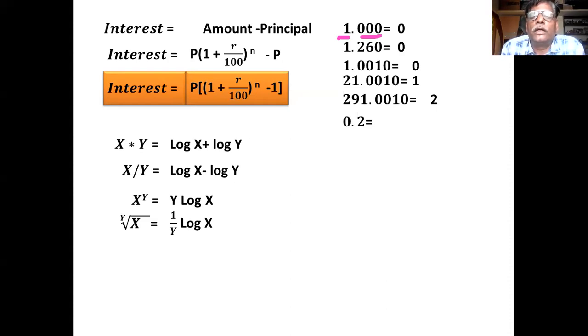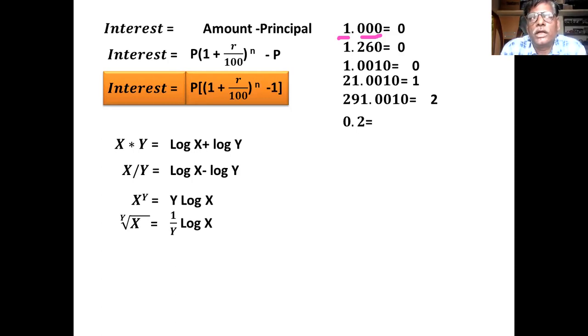For example, here is 0.2. The characteristic is minus 1. How do you find that? Tell me the explanation. 0 minus 1, 0 minus 1.